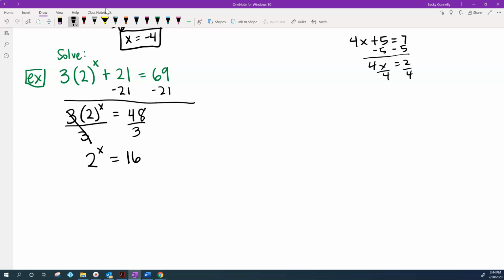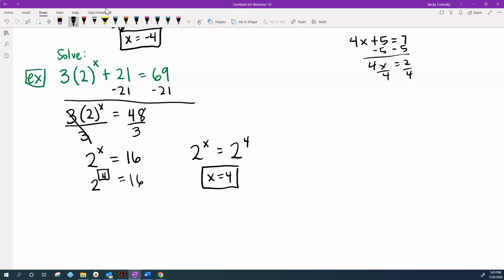I guess if you're thinking of that, it would be a little bit easier, with the way we talked about, to change this back into log form. But on something like this that's pretty easy, we're thinking 2 to the what power is 16? 2 to the 4th power is 16. Or you just change that to 2 to the x equals 2 to the 4th. So x equals 4 on this.